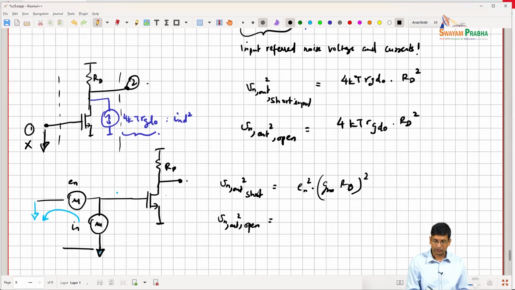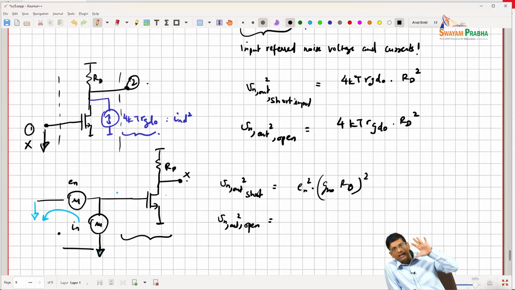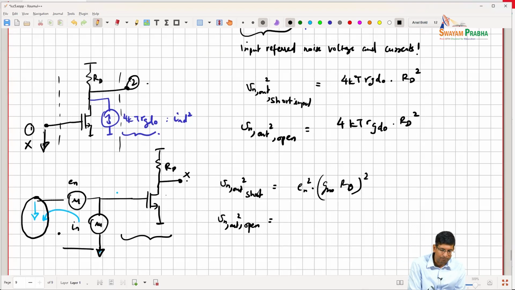then if this noise current source was not there, I would not get any noise in the system. In my actual system, there would be noise. So what you see is that you need the input noise model to have both a voltage source and a current source, so that whatever impedance you terminate with over here, whether a short or open, or if you analyze this further, if you place a ZS, what happens in the actual system must be what happens in my model.